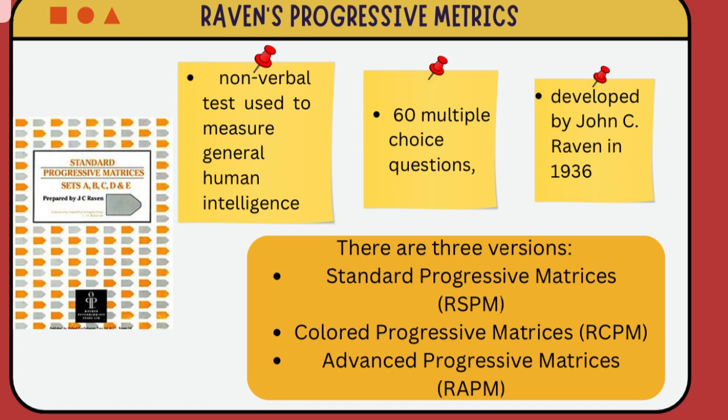It measures abstract reasoning, a non-verbal estimate of one's fluid intelligence level. This booklet has 60 multiple choice questions, and it was developed by Raven himself in 1936.